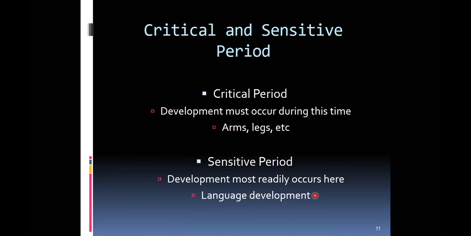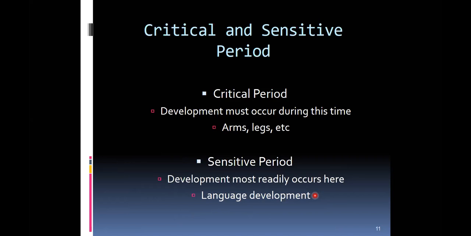The older the child is when they first have contact with other humans and language, the less language development. In fact, if they are experiencing puberty or later, then there's almost no language development, maybe getting a few words, and that's about it. So sensitive period makes a difference.